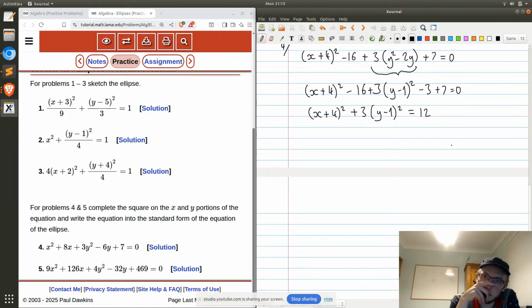But what to do now? Divide everything through by 12. Okay. And that's the standard form.